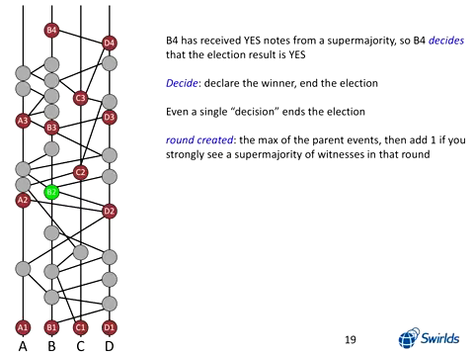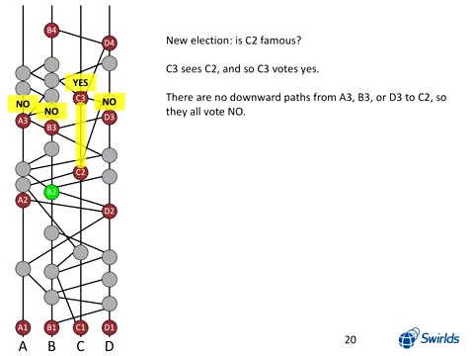And so we'll just keep waiting, and maybe somebody will eventually have an event in round 4 with a supermajority. And if any of them do, then we will decide that B2 is famous or not. We're done. It is possible that we wouldn't have anybody decide that way, but let's not deal with that right now. We'll just go to more rounds in that case. For right now, let's look at C2. Since we've decided B2, let's go on and look at C2.